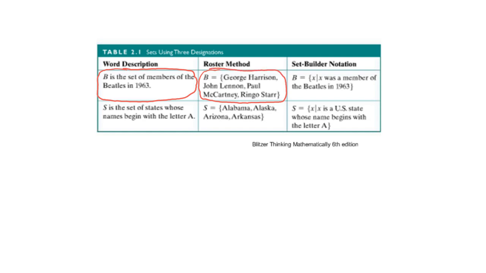And that's your roster method when you list each individual member. The third one is to list it in set builder notation. B is equal to all values for X such that X was a member of the Beatles in 1963. All right, so these are good examples for you to remember the 3 listings: word description, roster method, or set builder notation to describe a set.